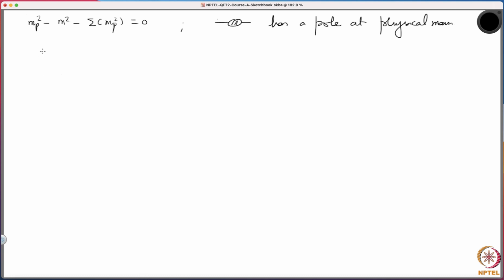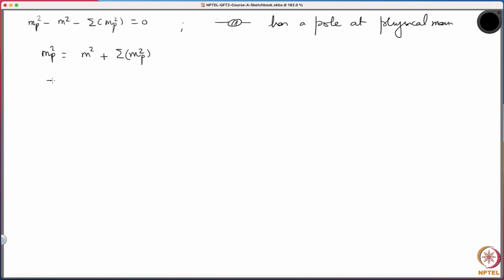So I'll write mp square is equal to m square plus sigma as a function of mp square. It says that the physical mass to the lowest order in lambda is the same as the bare mass. They are equal, and the correction starts at order lambda because sigma starts at order lambda. So that's the correction. Now what I'll do is I will iterate it, and in here for mp square I will put m square plus sigma mp square.